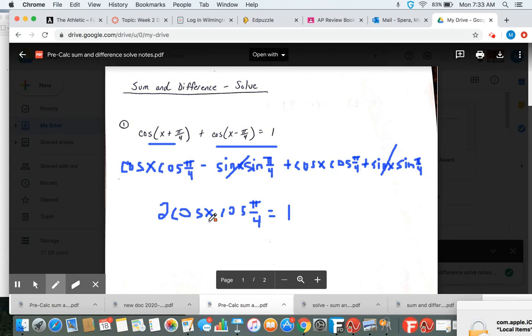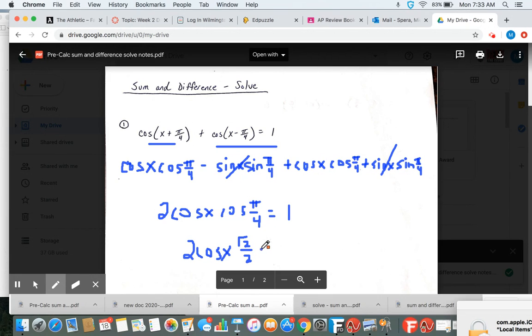Now at this point, we don't know what x is. That's what we're solving for. But we have some other things that we can add into this and begin to simplify. For instance, we know what cosine of pi over 4 is, right? The x coordinate of pi over 4 is root 2 over 2. So I'm going to insert that now into our equation.